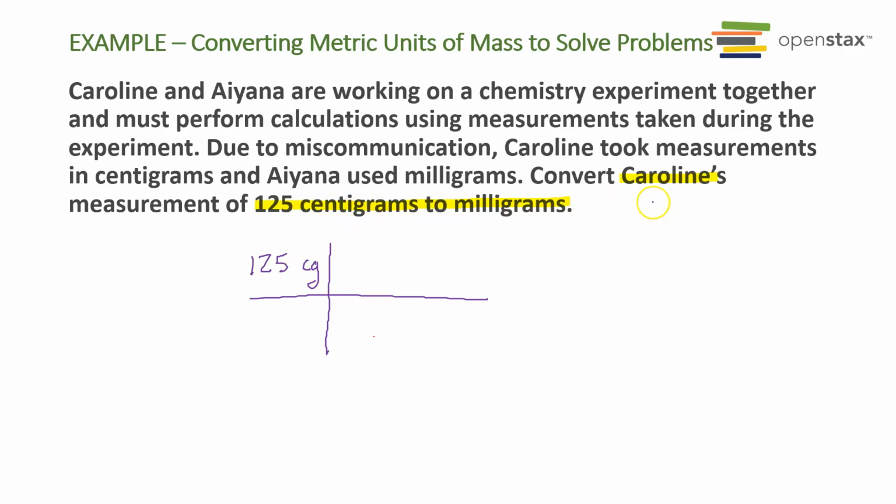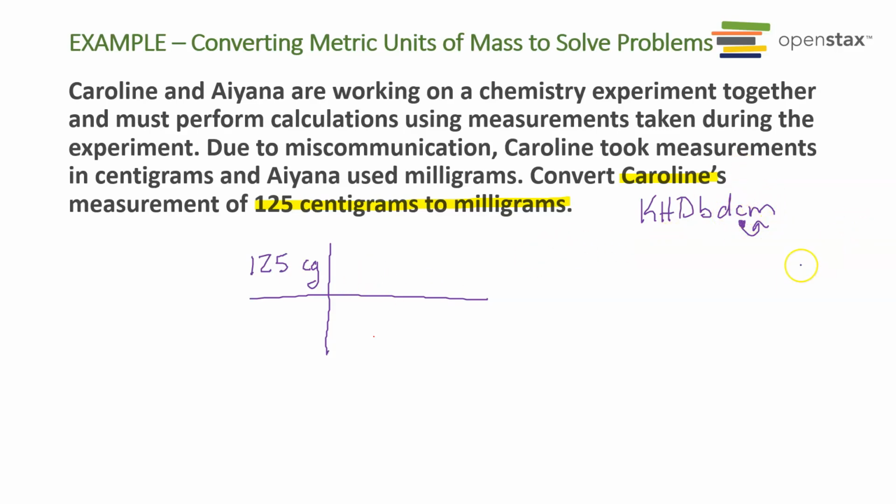So let's again just refresh our memory. So that's our units. We're going from centi to milli. What this one jump to the right tells me is that there are 10 milligrams in a centigram.